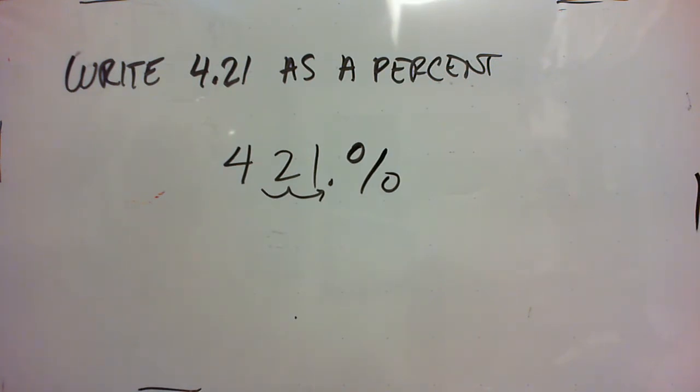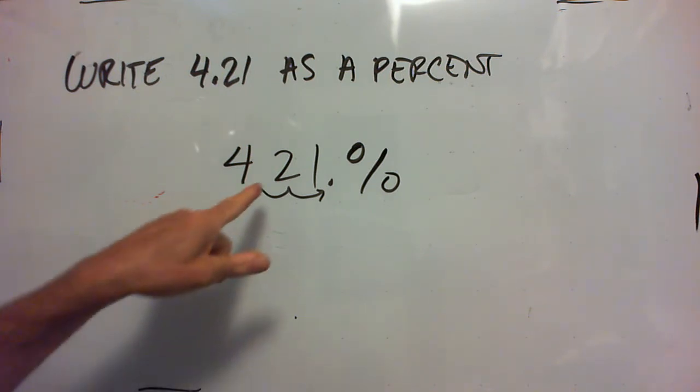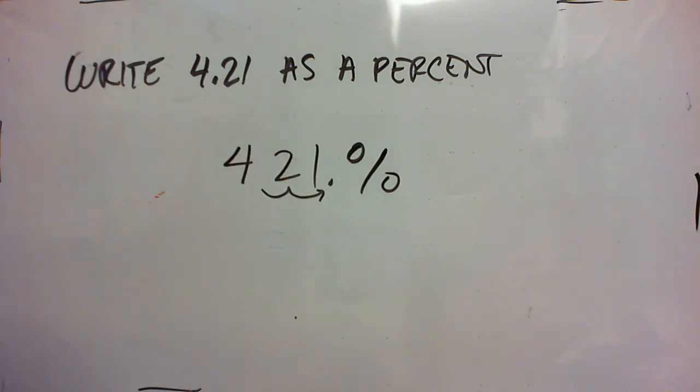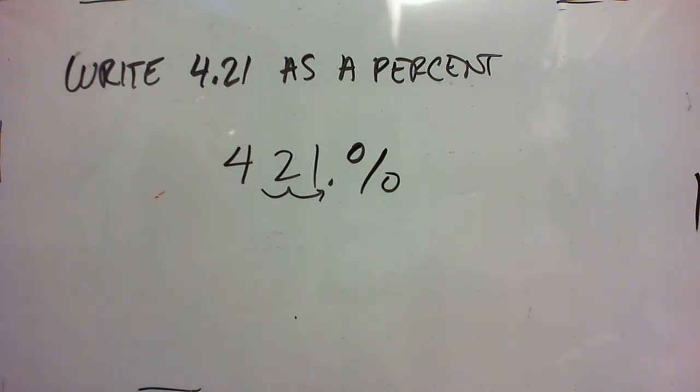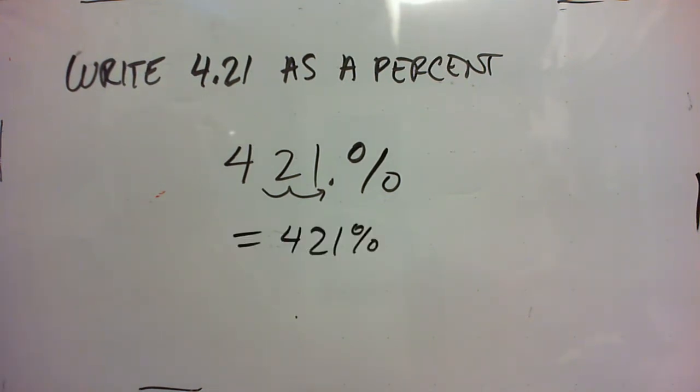So it's 421%. Just like 1.0 is 100%, 4 point something is over 4 times that much. 421%.